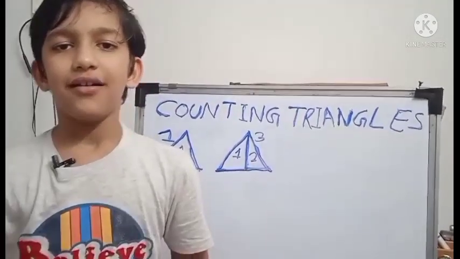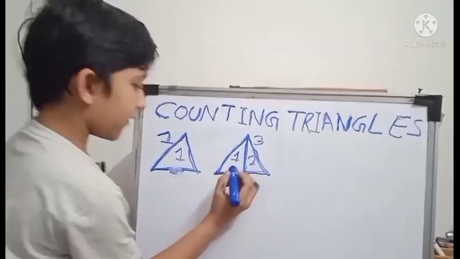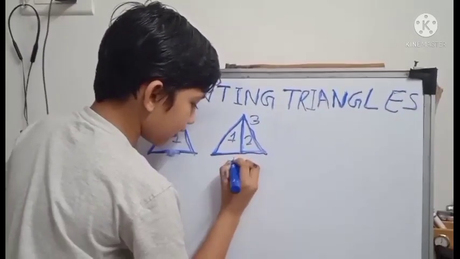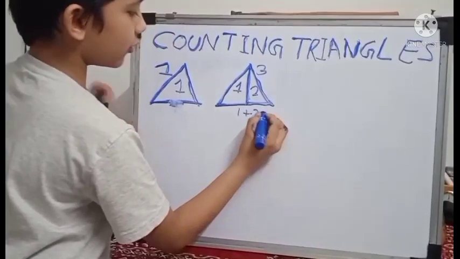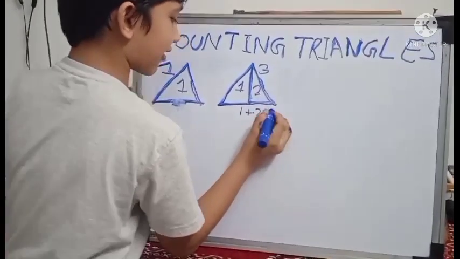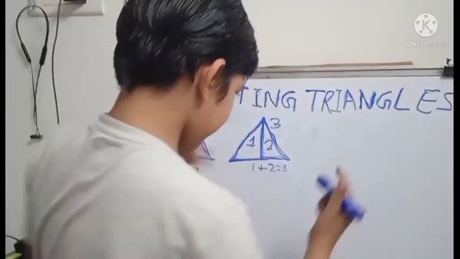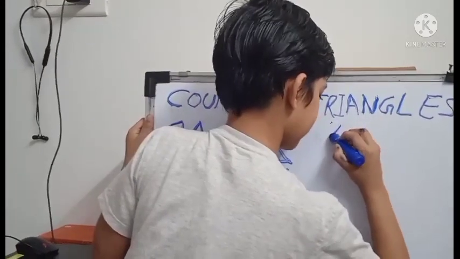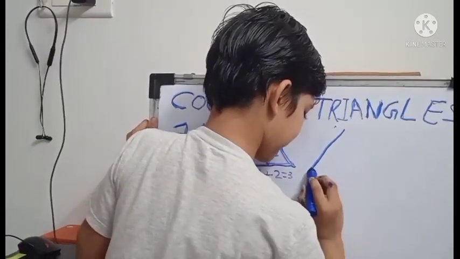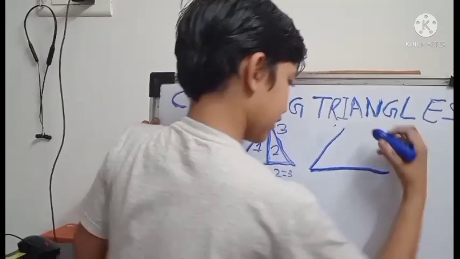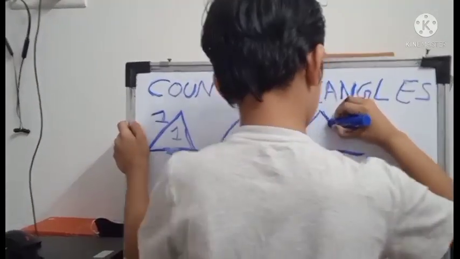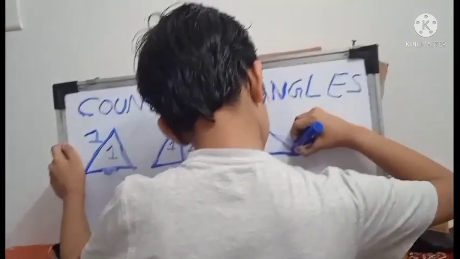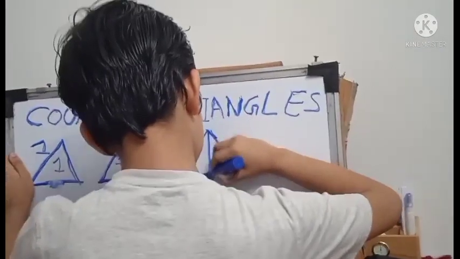But what is the formula? The formula is if we combine 1 plus 2, then it also becomes 3. Now this is a triangle.